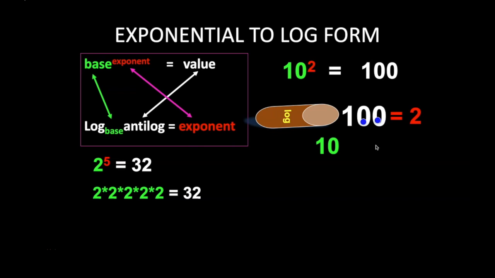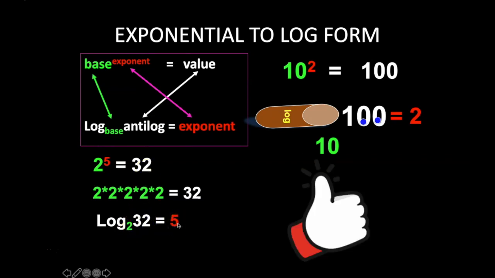It doesn't mean 2 times 5. So if I want to write this as a logarithm, I would write log base 2, that's what this is called, base 2, there it is, log base 2 of 32 is 5. 5 is the exponent. These are the very same statement. They mean the same thing.